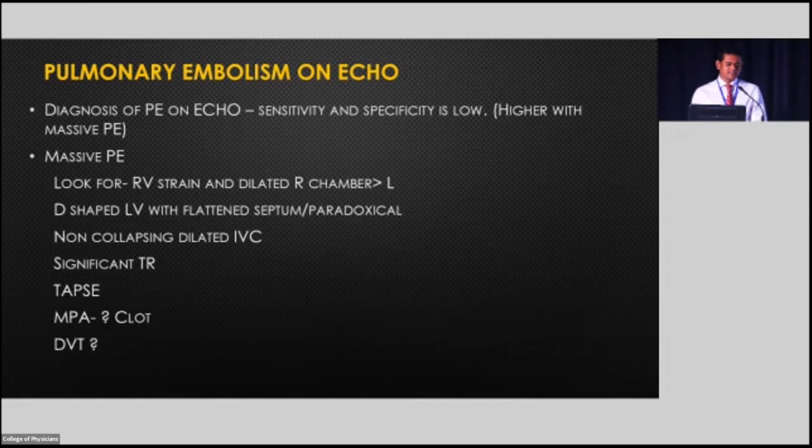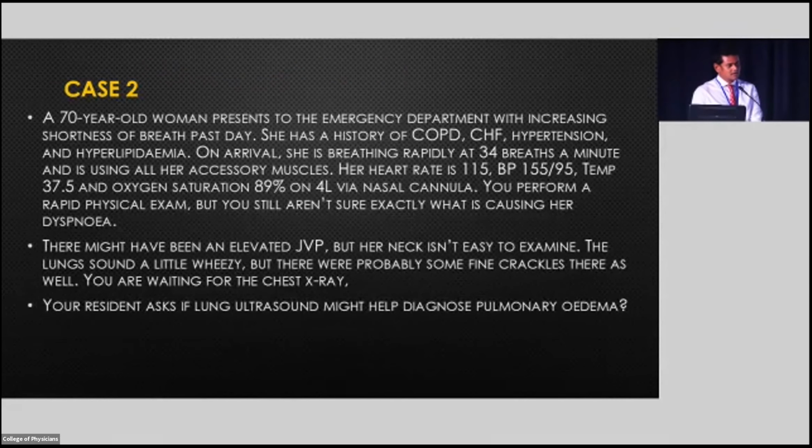Sometimes you can see the main pulmonary artery clot also if you scan the parasternal long axis view. If you get the main pulmonary artery view, which is not included in the FICE. And of course, if you do a vascular scan, you might even diagnose DVT. So that's how case 1 went.